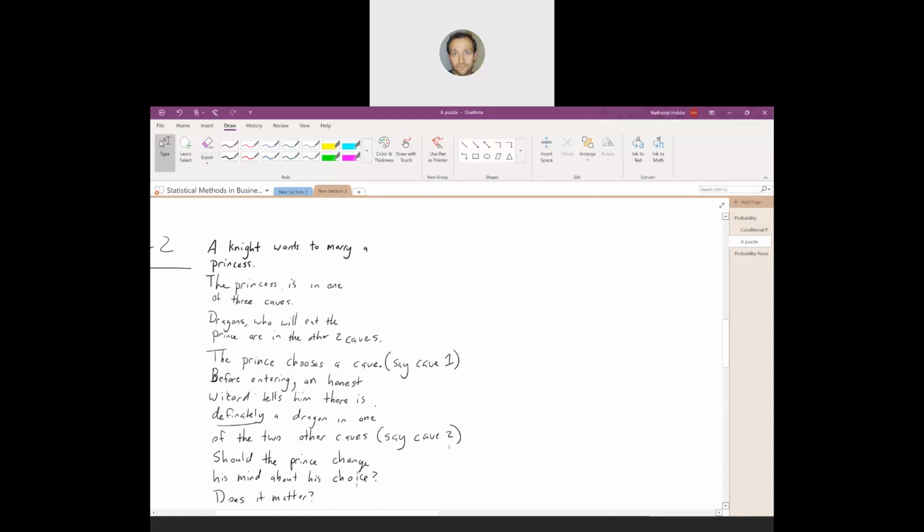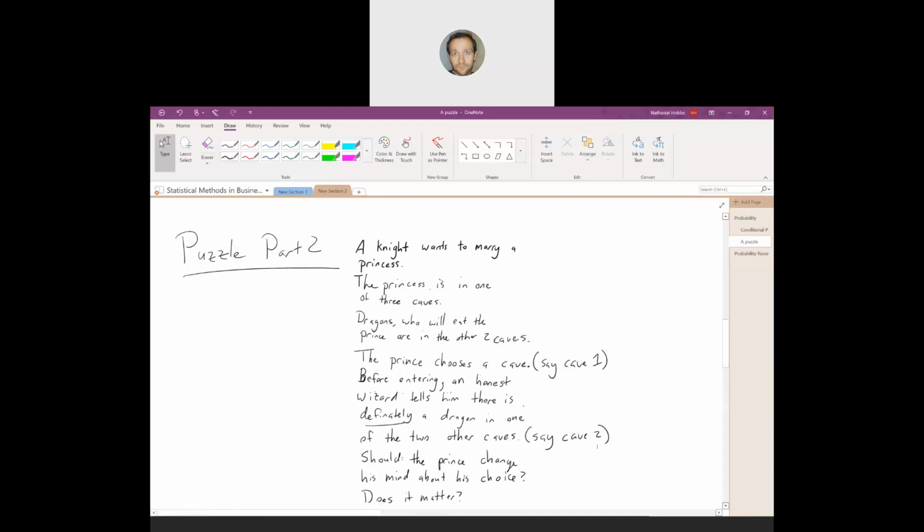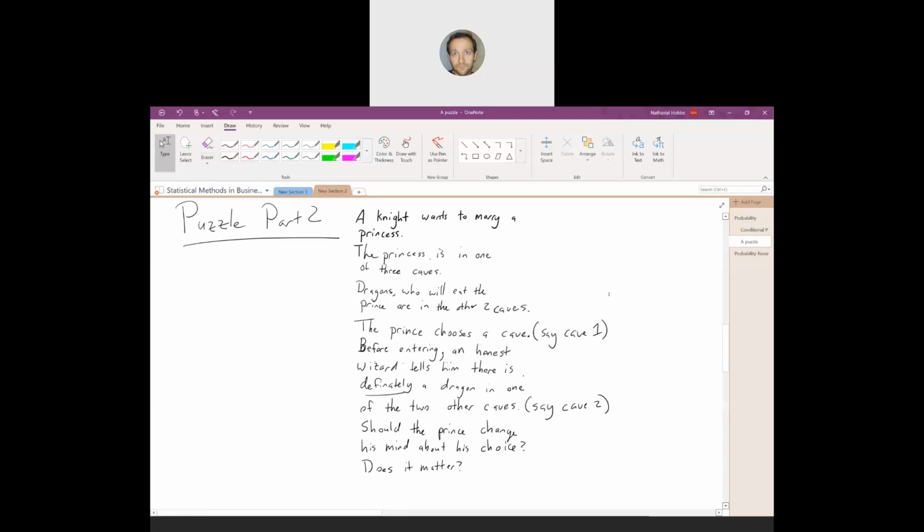This is the real puzzle. I want to give you guys, let's say 5 minutes, and actually try to come up with a probability space and an answer, or otherwise think about it for a bit.